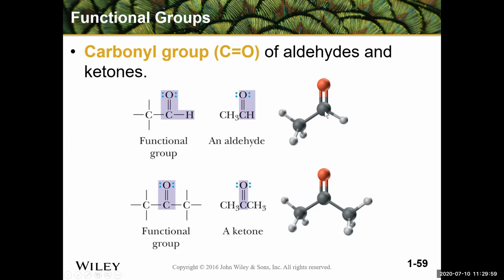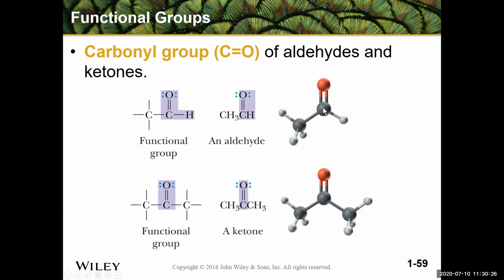Now, the carbonyl carbon in an aldehyde, or in the carbonyl functional group, is trigonal planar. Okay, because you have three electron groups: the double bond, and then the two single bonds, the carbon-carbon single bond and the carbon-hydrogen. So this is a trigonal planar geometry.